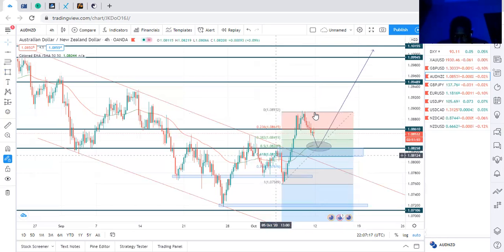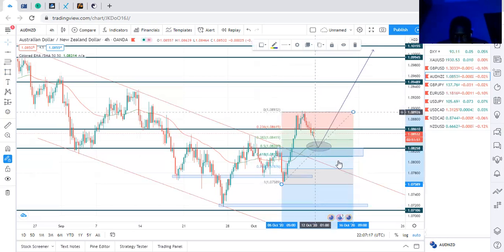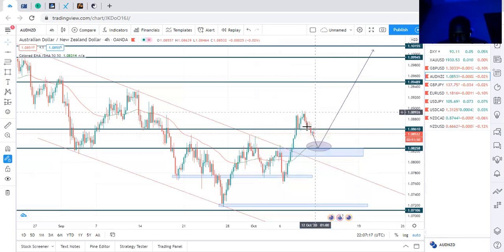So currently here you can see this is the golden zone. If price decides to come down here and starts giving me my entry signal, I'm going to be taking a buy with multiple confluences. Why? Price was in a descending channel, it broke above a horizontal level as well, and price is kind of forming an uptrend.